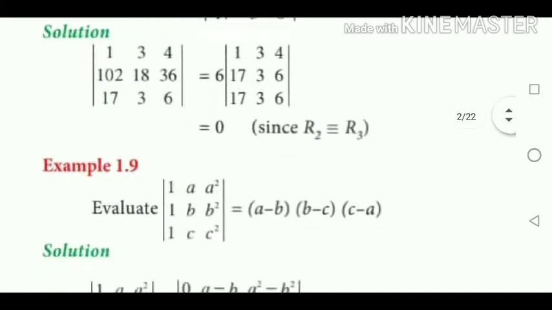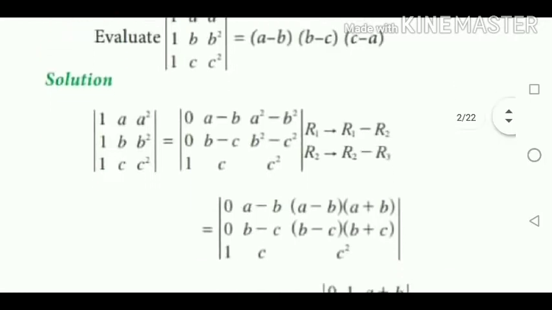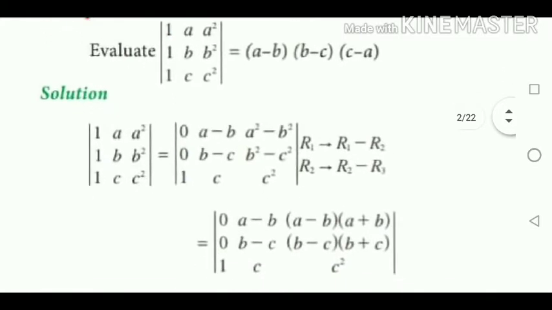Okay. Then evaluate. Example 1.9. Evaluate the determinant with rows 1 a square, 1 b square, 1 c square equal to (a minus b)(b minus c)(c minus a). Okay, so let us see the examples. Example 1.9. Here 1 1 1 is given.